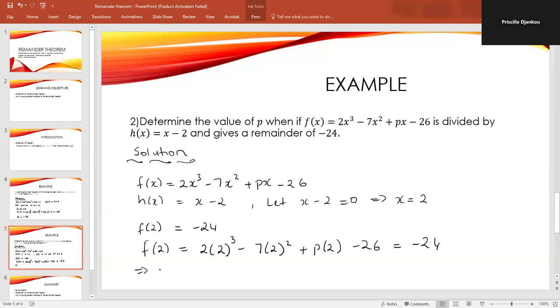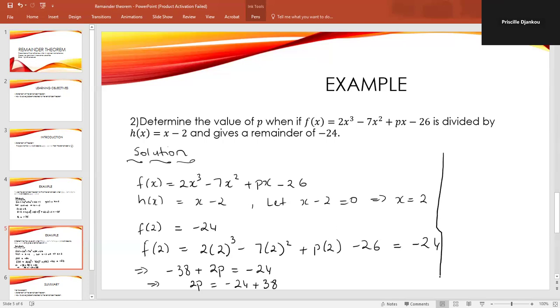Hence, we simplify all the similar terms. So we're going to have here minus 38 plus 2p equals minus 24. This implies 2p equals minus 24 plus 38.